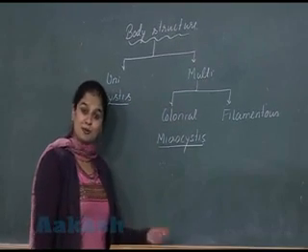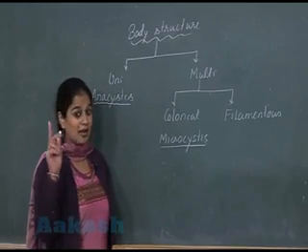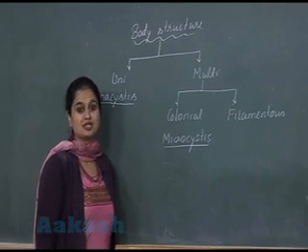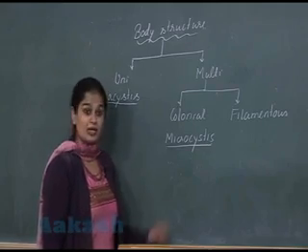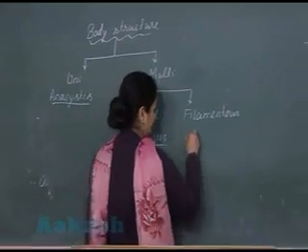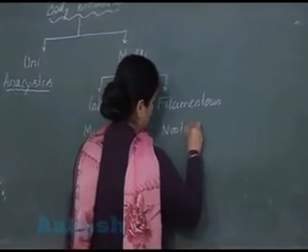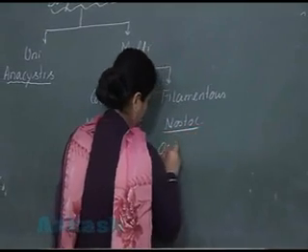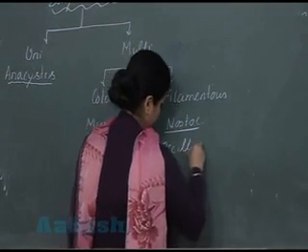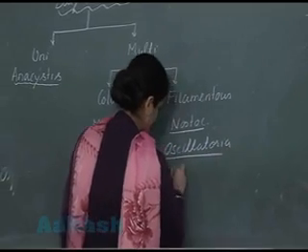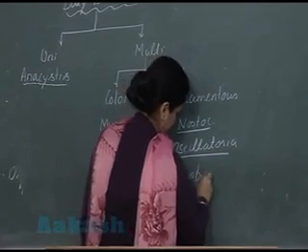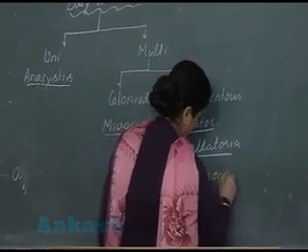Microcystis is a prokaryotic alga, and Macrocystis is the largest brown alga, that is eukaryotic. Examples of filamentous forms are Nostoc, Oscillatoria, and Anabaena.